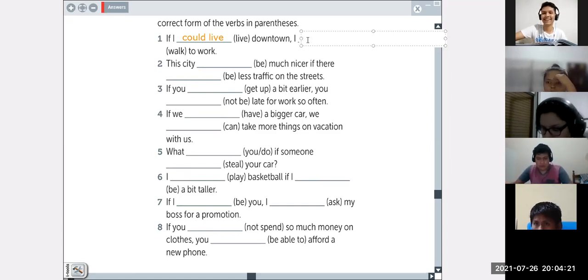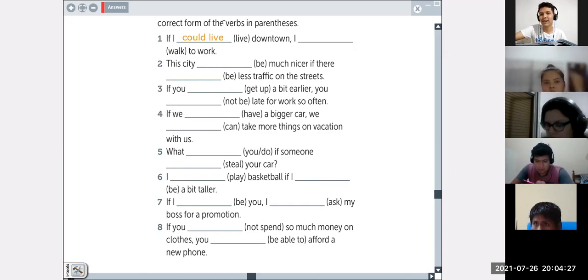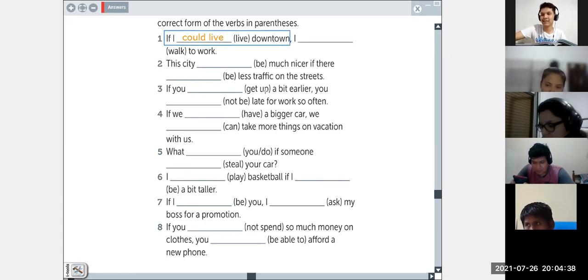Ok, hagámoslo de nuevo. ¿Cómo sería? If I... Ya me olvidé, teacher. Ok, recordemos. En la if clause, ¿qué teníamos que utilizar? En la parte del if, ¿qué tiempo gramatical? Past. The past, the simple past, right?